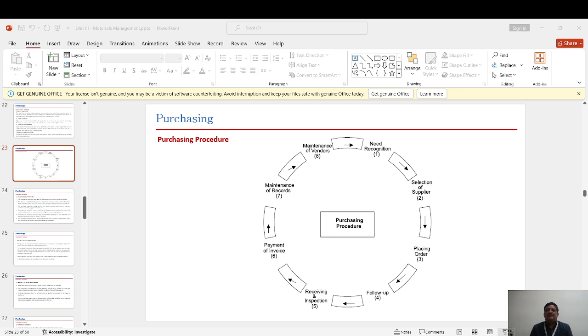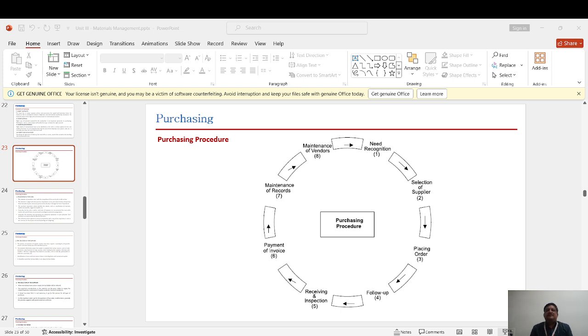So like this, we have the eight steps of the purchasing procedure. Having discussed this, in a similar fashion we will go through these one by one.